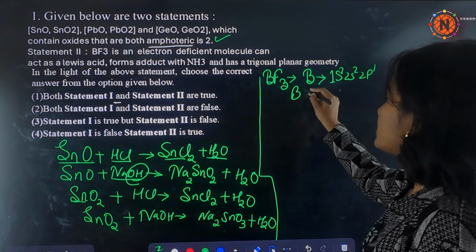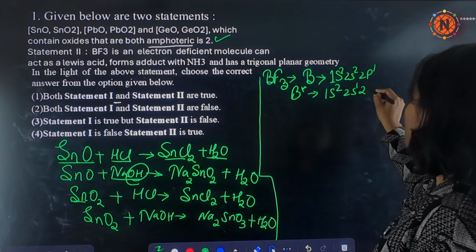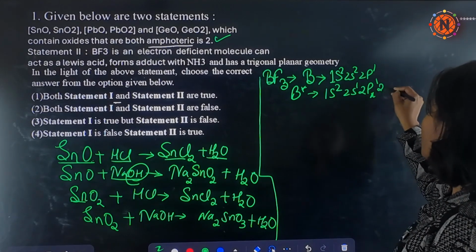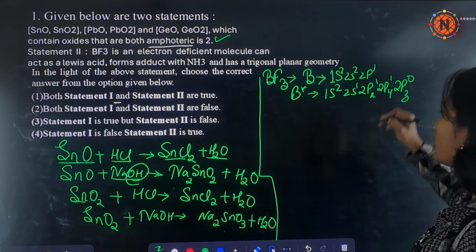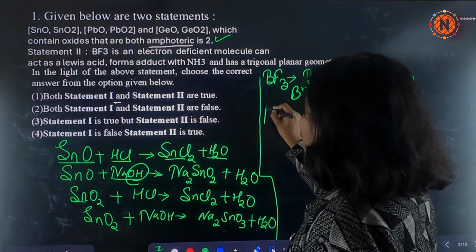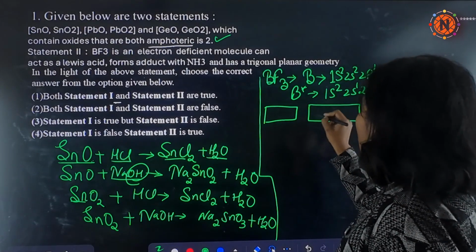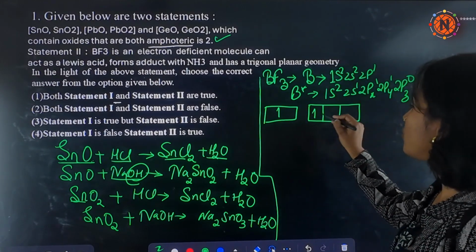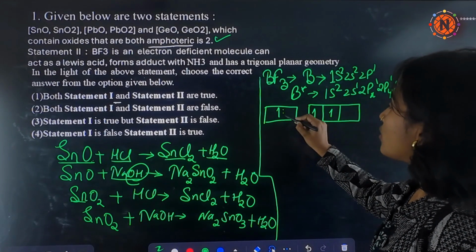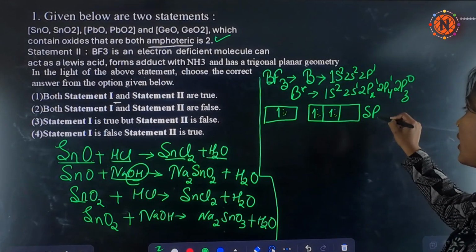In its excited state, it will show 1s2, 2s1, 2px1, 2py1, and 2pz will be vacant. When these s and p orbitals mix and share their electrons with fluorine, it gives sp2 hybridization, right?